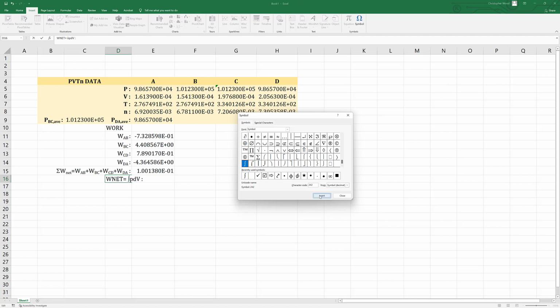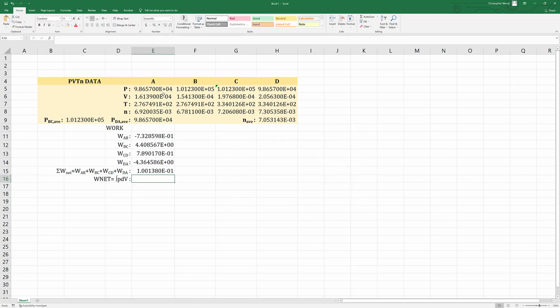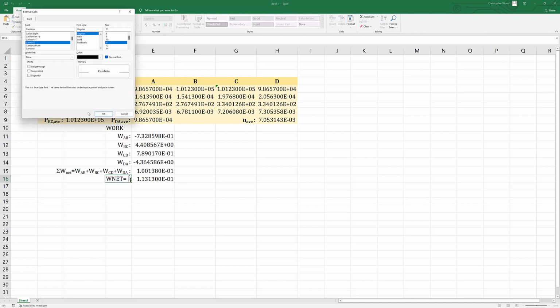Click on it and insert. For the sake of this exercise, let's assume that Capstone calculated the area under the graph as 1.1313 E minus 1. I also need to subscript the NET, highlight, right click, format cells, subscript.